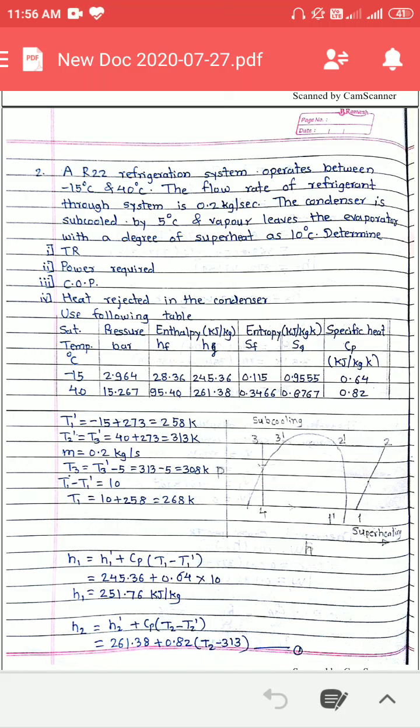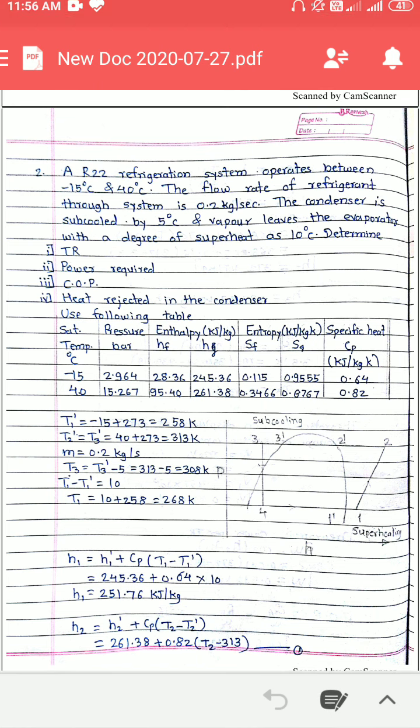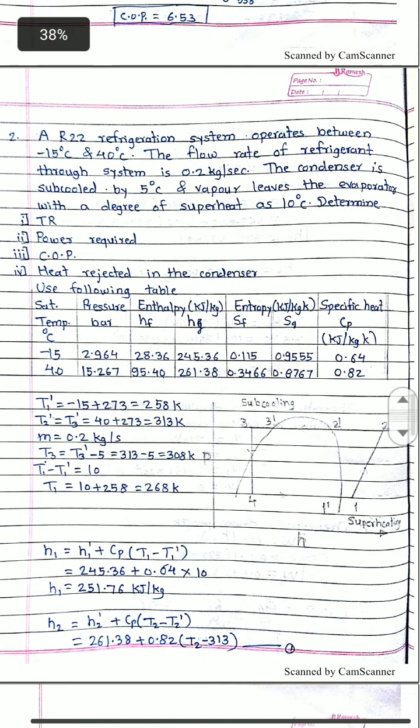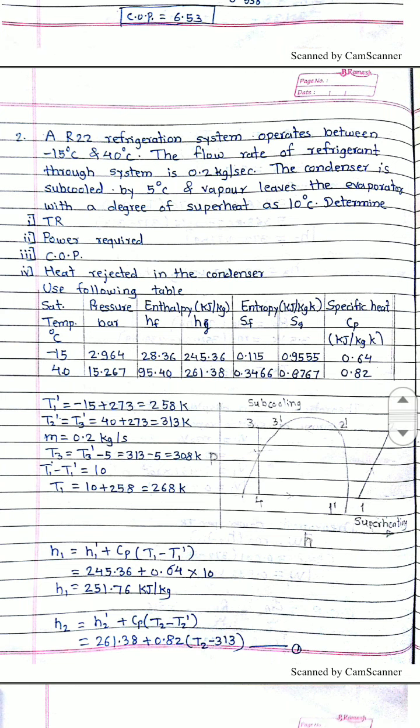As we have discussed one numerical on the vapor compression refrigeration cycle, today we will take the next numerical on the vapor compression refrigeration cycle. The numerical is: an R22 refrigeration system operates between minus 15 degrees Celsius and 40 degrees Celsius.